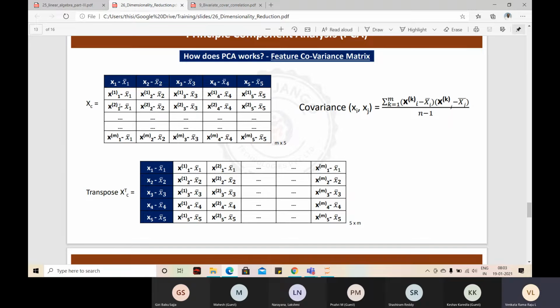So PCA is looking to extract the covariance between the columns. We are creating a covariance matrix now. So let me take a screenshot.